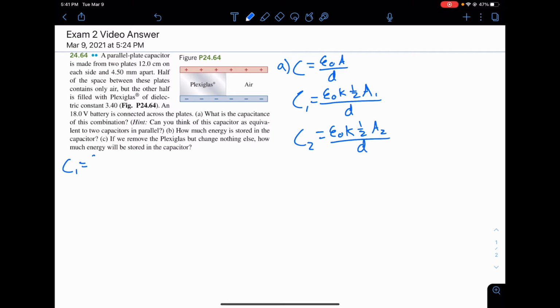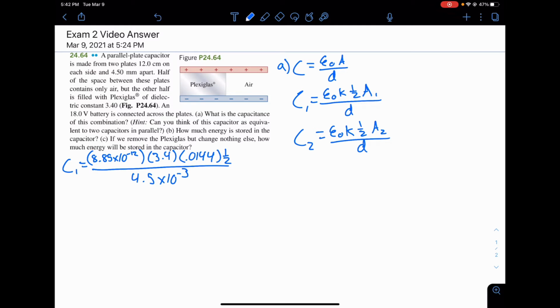So essentially for C1, we're going to have 8.85 times 10 to the minus 12 times K, which is your dielectric constant, as they gave us, so 3.4, times 1/2 the area, which in this case, the area of the first is 0.0144, and we're obviously going to divide that by 2, over the distance, which is given to be 4.5 times 10 to the minus 3.